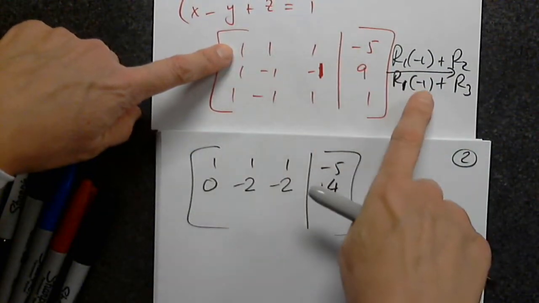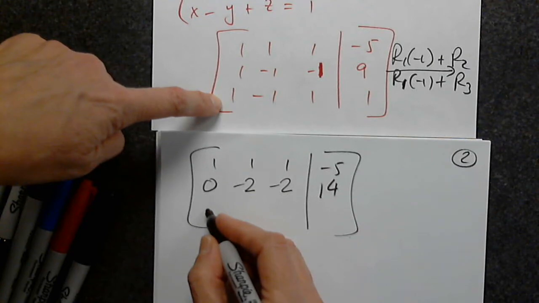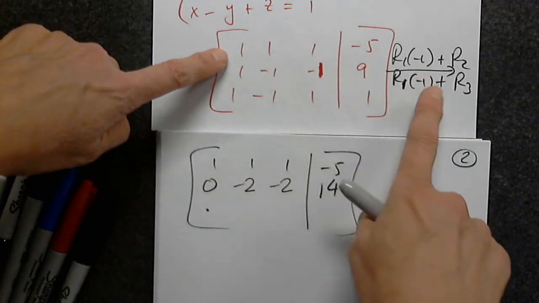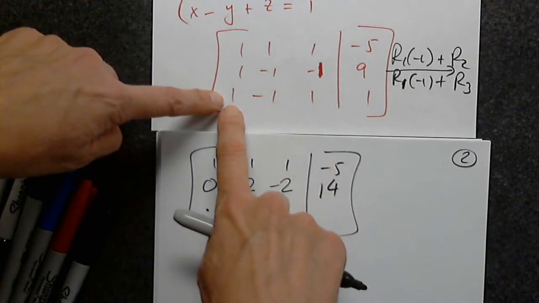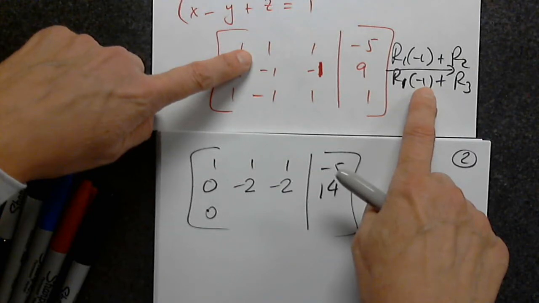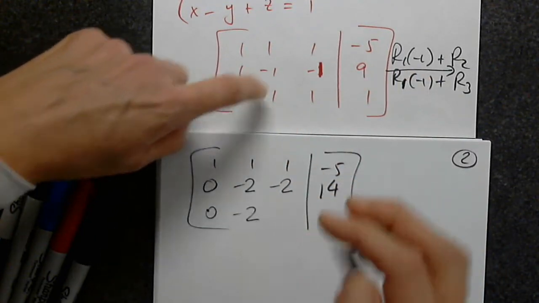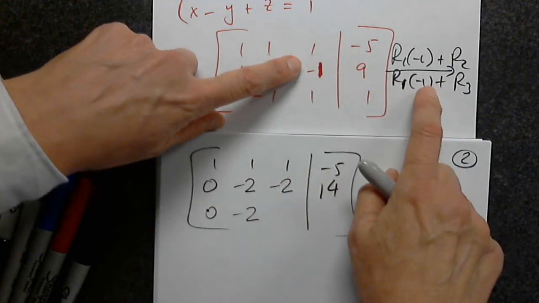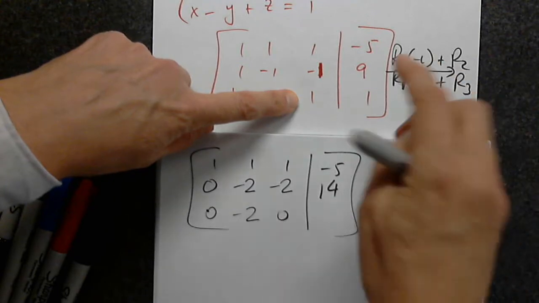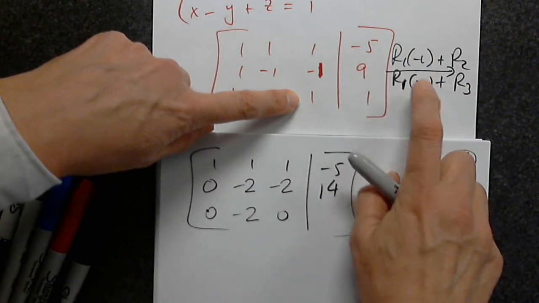1 times -1 plus 1. 1 times -1 minus 1. 1 times -1 plus 1. -5 times -1 plus 1.